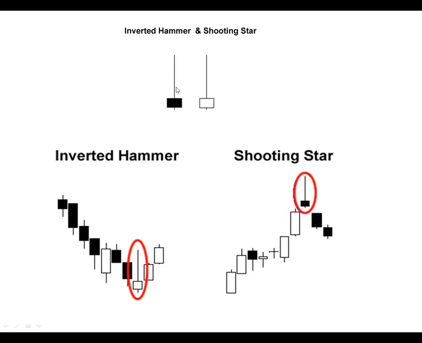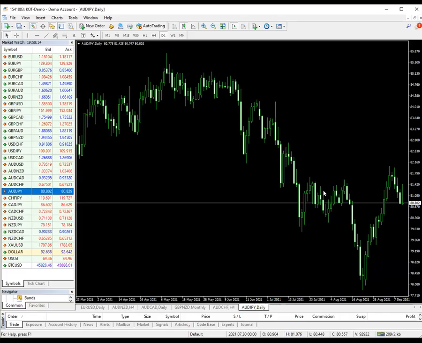Now let's look at the MT4. This is the MT4. Look at it here. What happened here? We have a hammer here. Do you see that? This is on the daily time frame, AUDJPY. And then what do we have here? Which one is this here? This is a shooting star, right here.